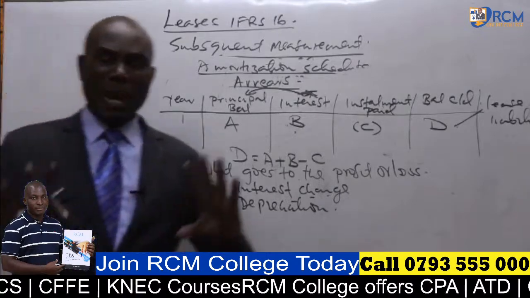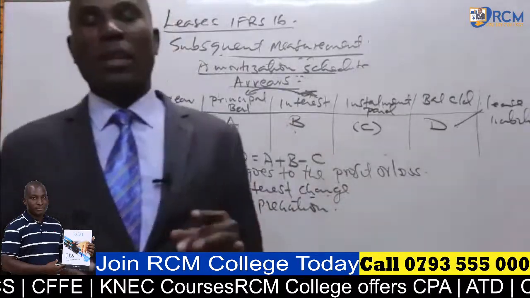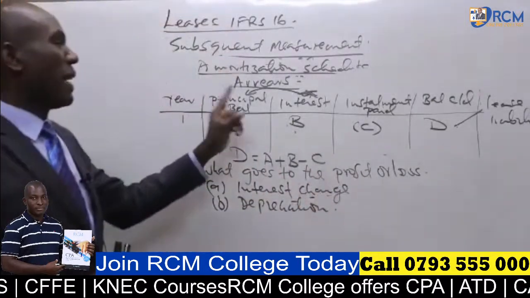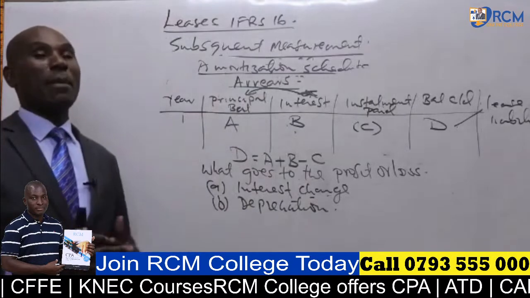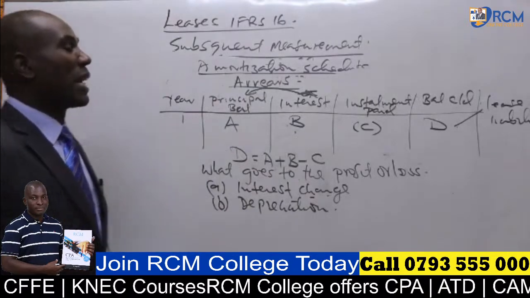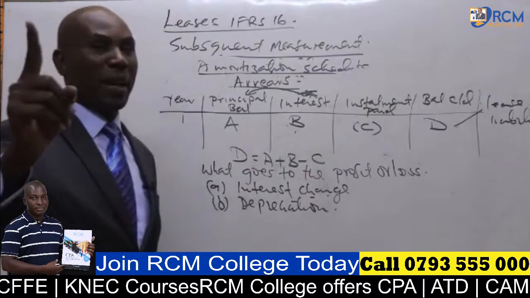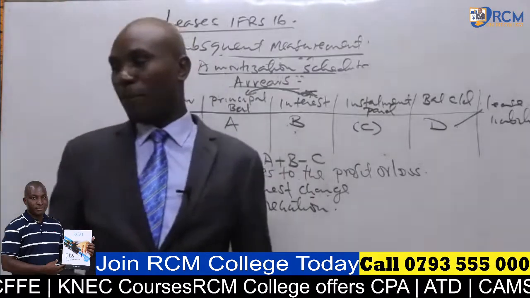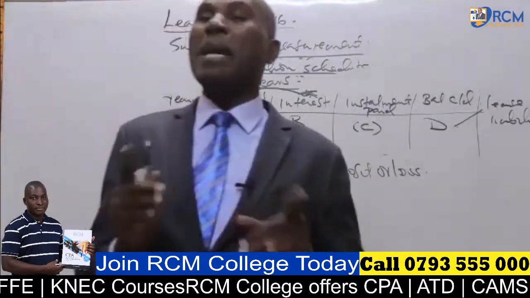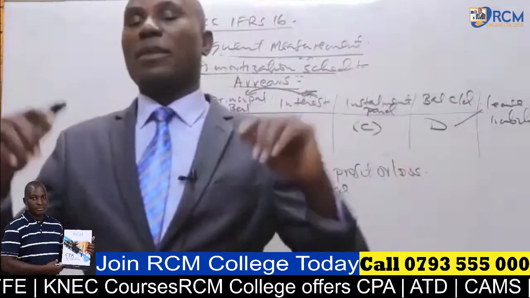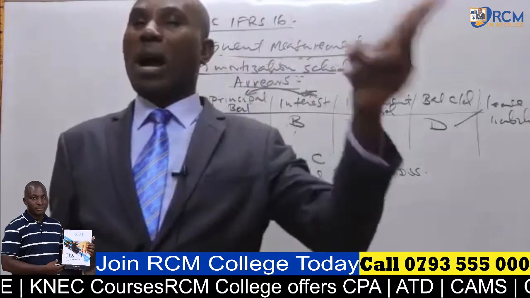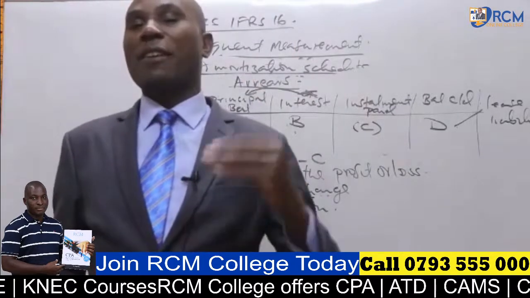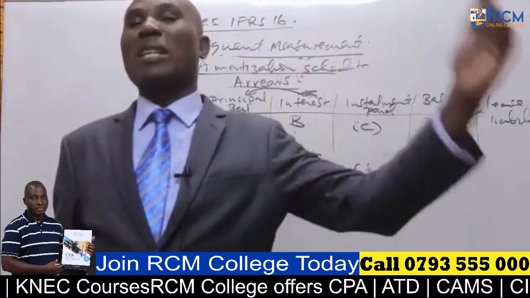Now listen to this very carefully. When payments are made at the end of the year, the examiner will ask you for year one, like, for example, prepare the financial statement for year 2023.